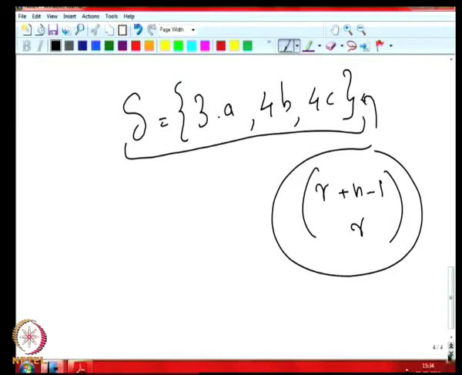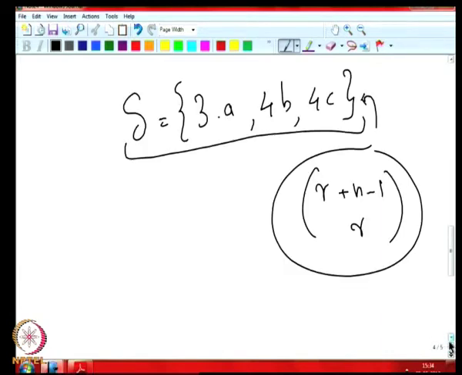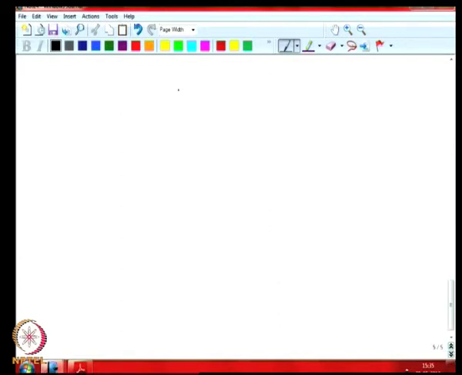So how will you formulate this question? Of course, the universe now is considered like this. Suppose we had infinite repetition numbers, with no restriction that only 3 A's, only 4 B's, only 4 C's are there, or we just assume that there are 10 A's, 10 B's, 10 C's. You can even assume an infinite number of A's, B's and C's, it does not matter.